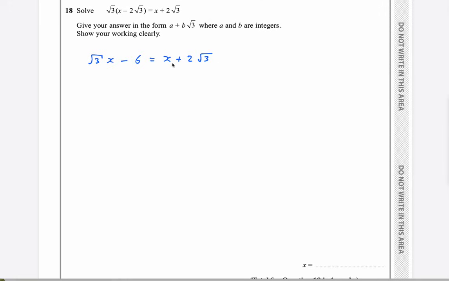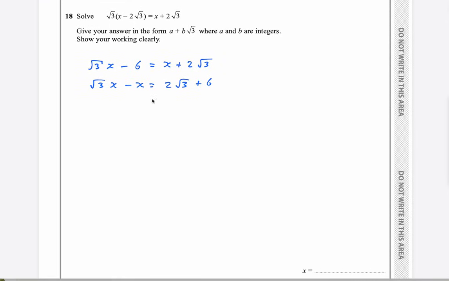Okay, now let's just get the x's on one side of the equation. So I have root 3x minus x is equal to 2 root 3 plus 6. And guys, this is a 4-mark question.